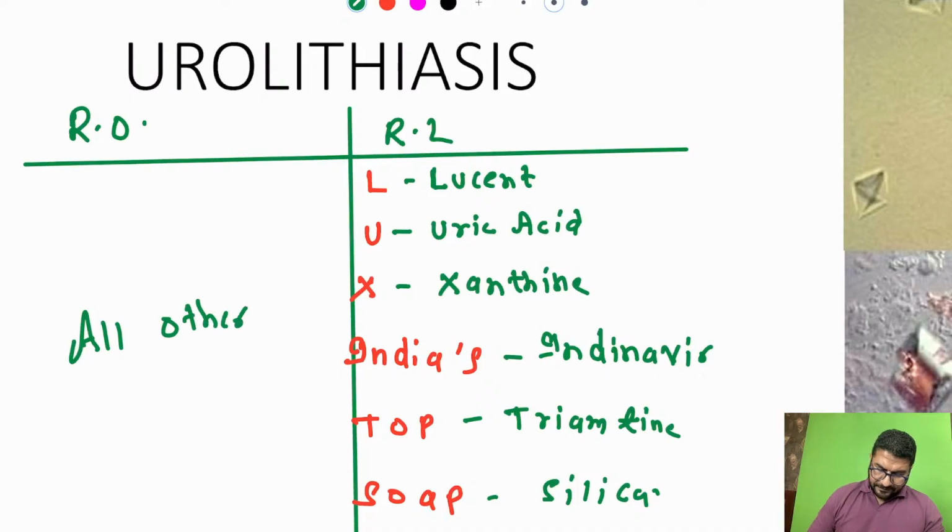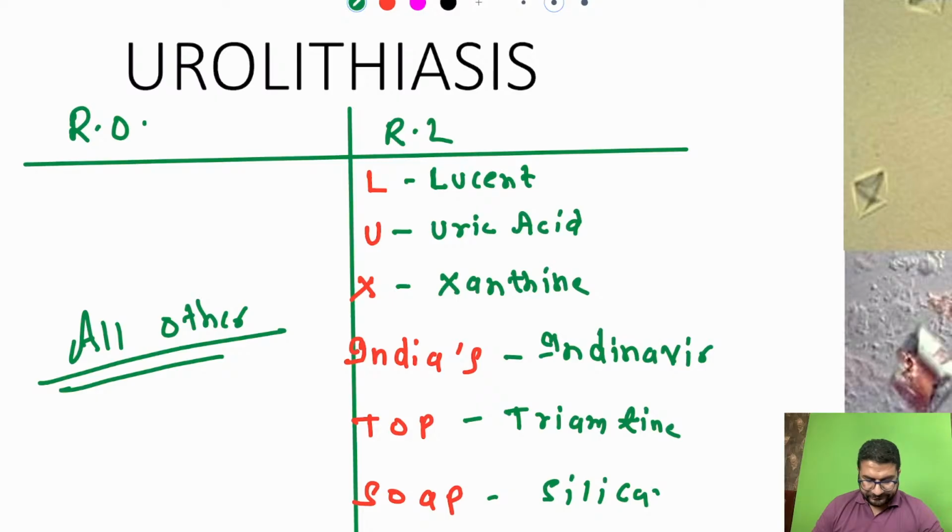All other stones will be radiopaque. बस इतना याद रखना है आपको. This is something which you have to remember. याद हो जाएगा? Am I clear? So remember, this is like India's Lux, India's top soap. बाकी कैसे होते हैं? Radiopaque.